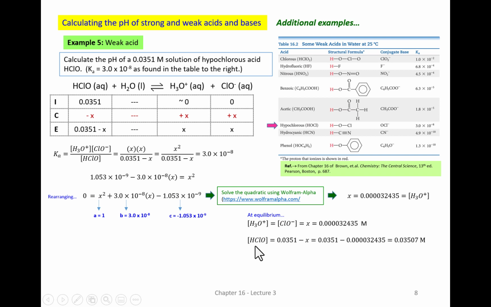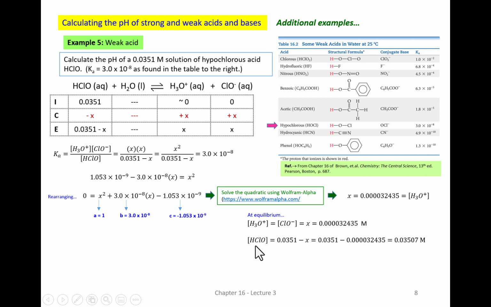Now the concentration of unionized hypochlorous acid would be 0.0351, the initial concentration, minus x, and we get a number here that's hardly different than what we started with, which makes sense because hypochlorous acid is a very weak acid, so it's only going to ionize to a very small extent.